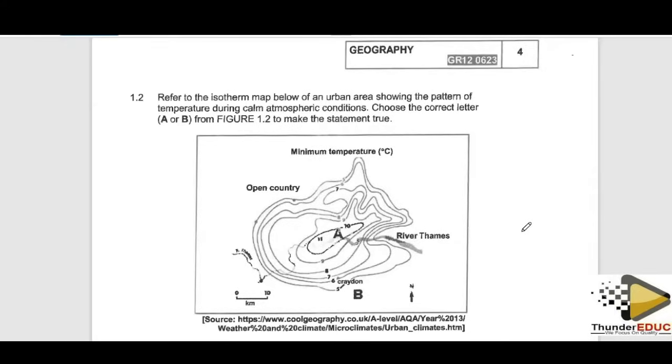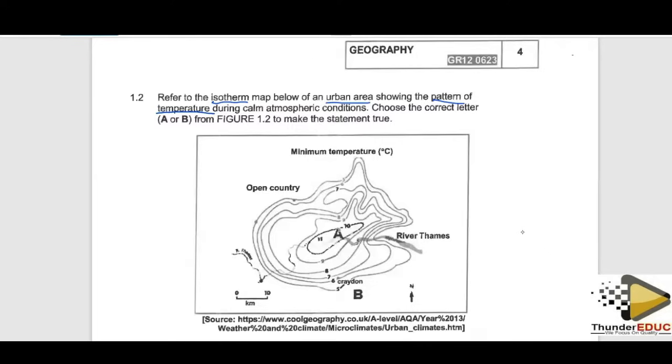So the thing that we are looking at here is the isotherm. We have the urban area and as well the pattern of temperature. So these are the major concepts that we need to identify in this statement, right?